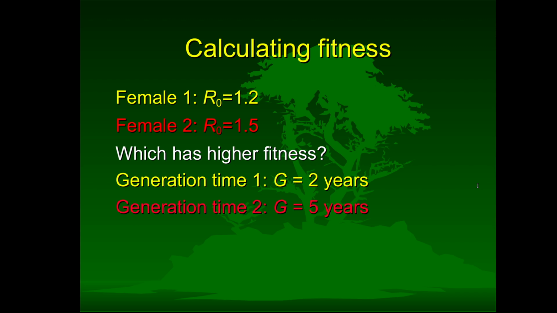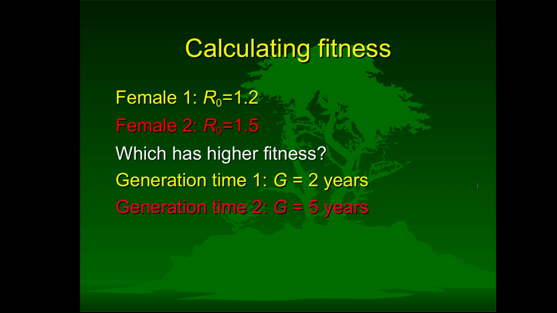Does that mean that the fitness of B is higher than the fitness of A? Not necessarily. This is because the generation time of female A might be far smaller than the generation time for female B. If so, then female A might be able to generate a population of descendants much more rapidly in real time units, days, months, years, than female B.